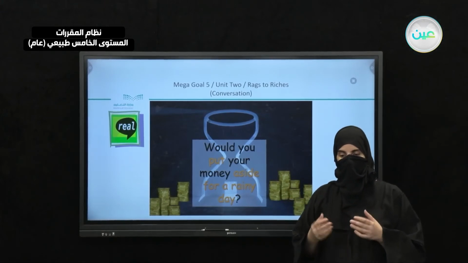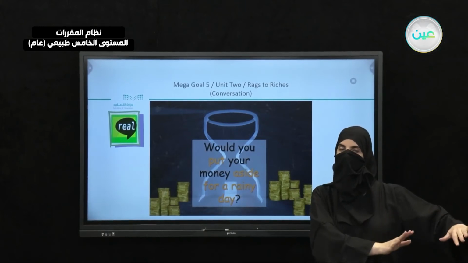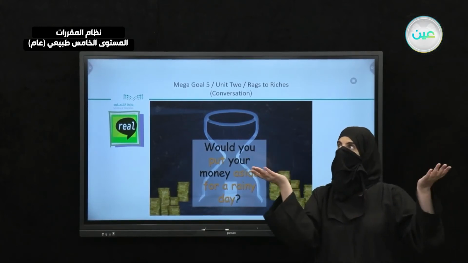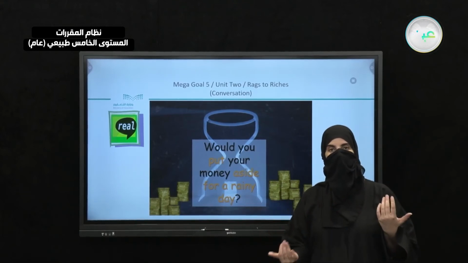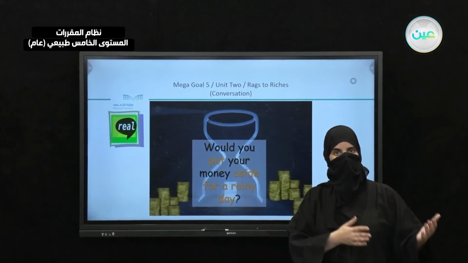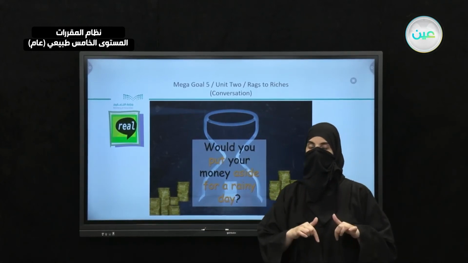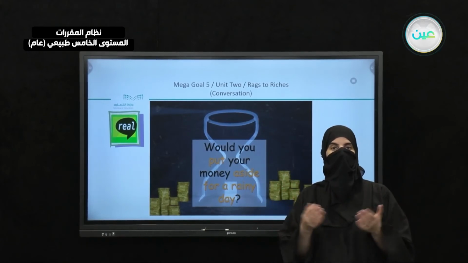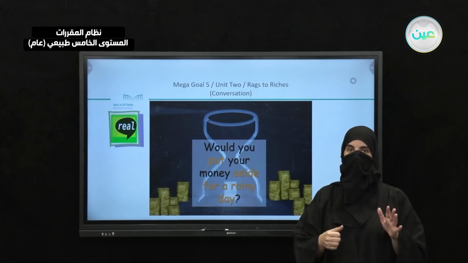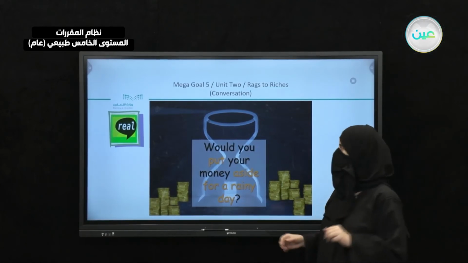Now, if I say, okay, I'm going to take my money and put it aside for a rainy day, it doesn't mean that I'm going to wait until it rains, but it's an expression used to say that I'm going to leave it or just put it aside until I need it. Also a real talk expression. So you have here in your book 6 expressions that are used as real talk that you can apply from today.